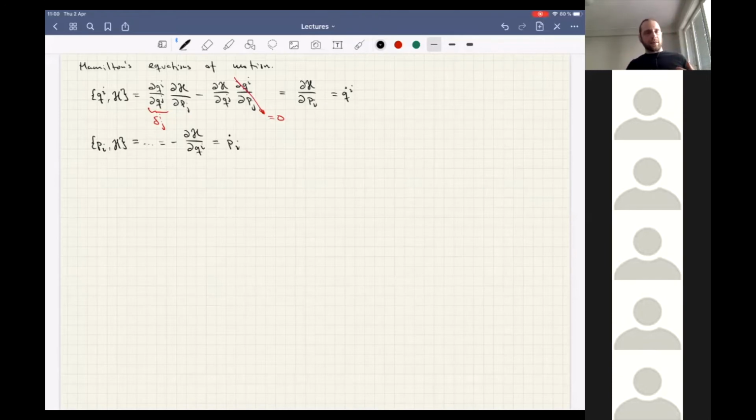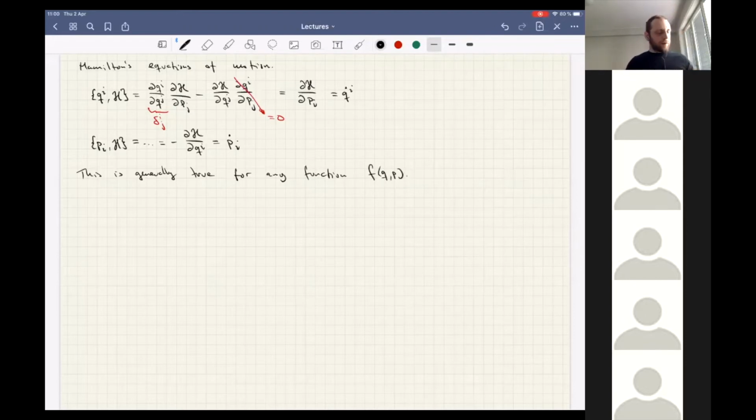So in both cases, the time derivative of these phase space coordinates is equal to the Poisson bracket between that phase space coordinate and the Hamiltonian. And it turns out that this is generally true for any function f of q and p.